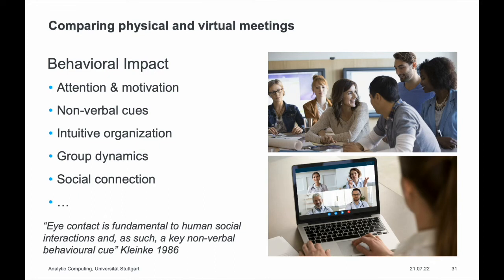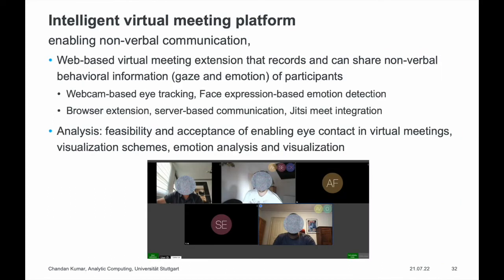You still can see the face of the person on the screen, but if you then have a group meeting with 10 people or so, it's very hard to get a feeling for what's their behavior, what's their attention. And so the question that we raised then was, and that's specific work with Chandan Kumar, who is not on any of these slides, but whom I want to mention here, was to say, let's look at these virtual meeting platforms and ask, can we extend them by providing some cues that distill how the users behave into some symbolic interaction?